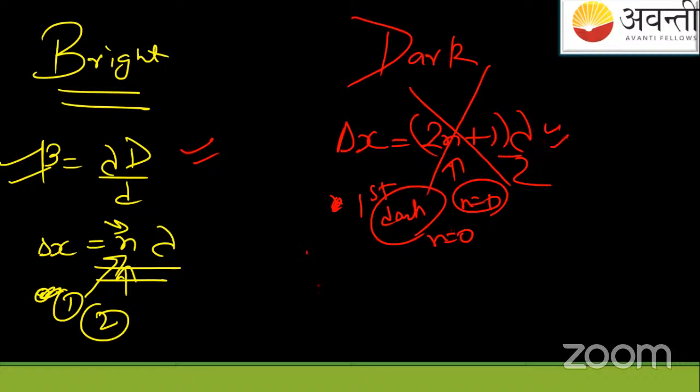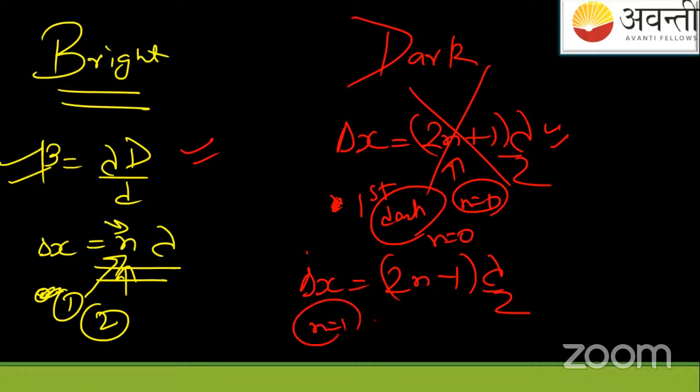You may get confused. So the formula which we have made is (2n minus 1) lambda by 2. In that, if you put n equals 1, this will automatically give you the first dark fringe. If you put n equals 2, this will automatically give you the second dark fringe. Similarly, you will progress. So these are two formulas with which we have found the answer. Is this fine, students?